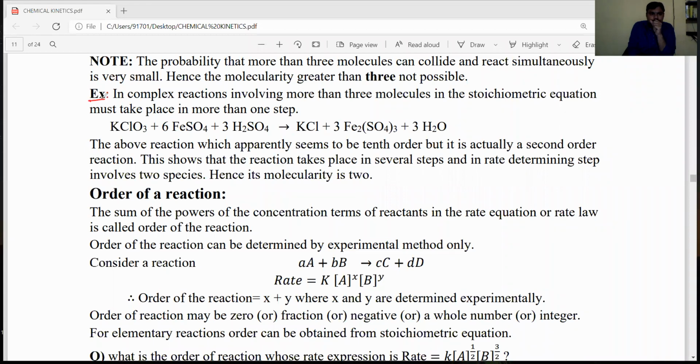Let's see this example. Potassium chlorate, KClO3, reacts with 6 moles of ferrous sulfate and 3 moles of H2SO4 to form potassium chloride, ferric sulfate and water.